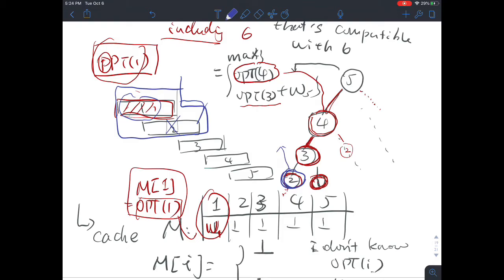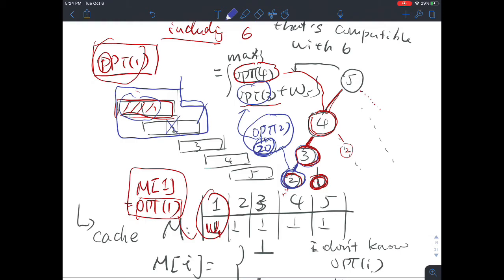Say that opt2 you just decided to do something, and at the end you figure that it's a concrete number. I'm just making this up, it's 20. Originally, when you run this recursion without any memoization, you just forget this 20. You return the 20 as part of the solution of opt3, and the 20 is just floating around.